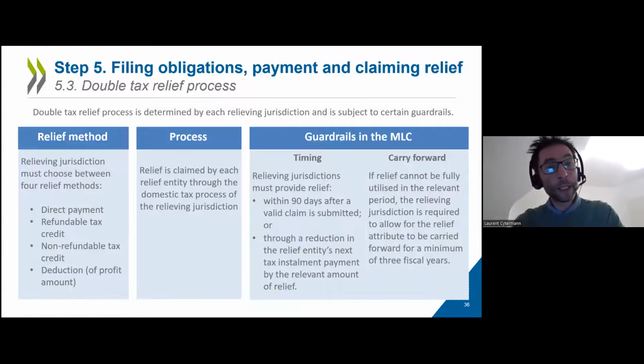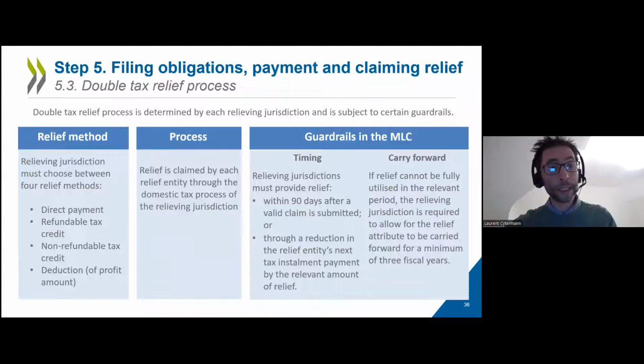So the MLC first defines the relief methods that a relieving jurisdiction can use. So there are 4 methods: the direct payment, so refundable tax credit, non-refundable tax credit, and the deduction, which is a deduction of the profit amount that has been allocated to the relief entity identified as Chris described just a few minutes ago.